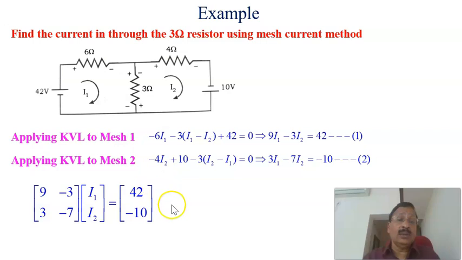This is the matrix equation relating the mesh currents I1 and I2 and the corresponding element values: the coefficient matrix 9 minus 3, 3 minus 7, and the column voltage matrix. You have to solve for the mesh currents I1 and I2.